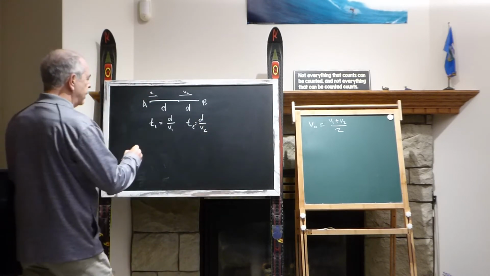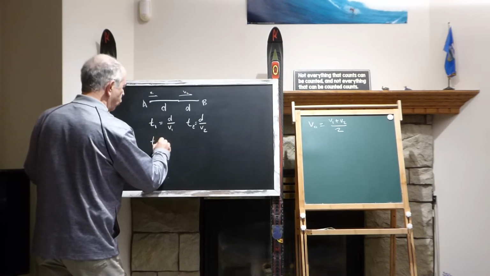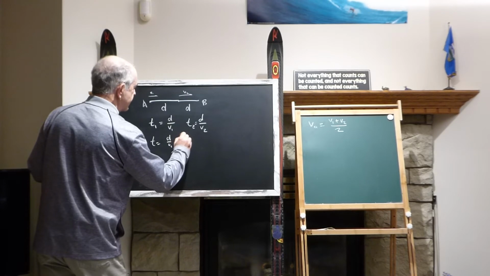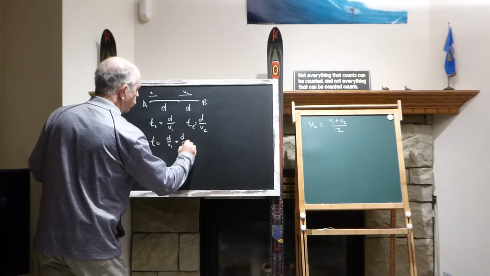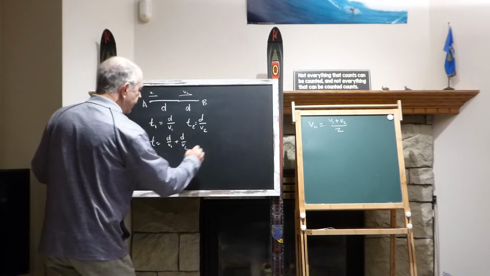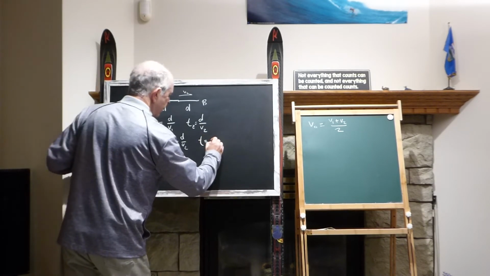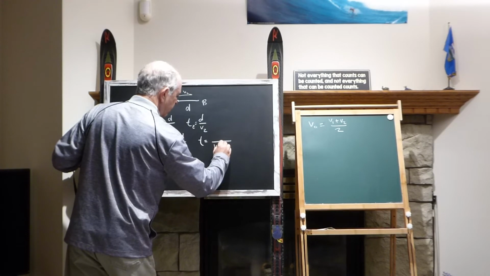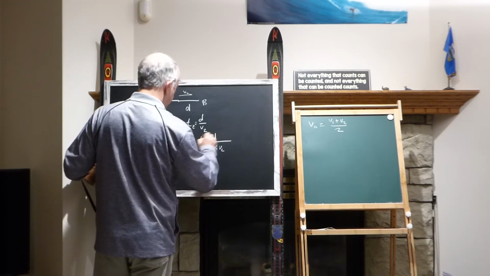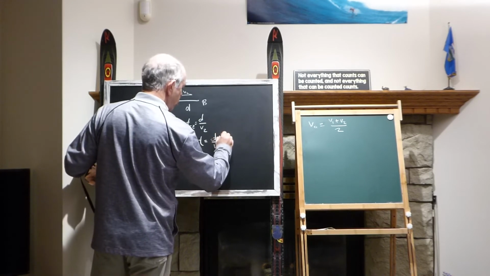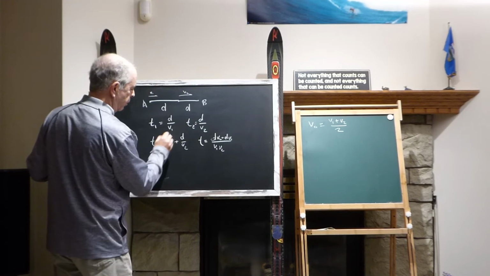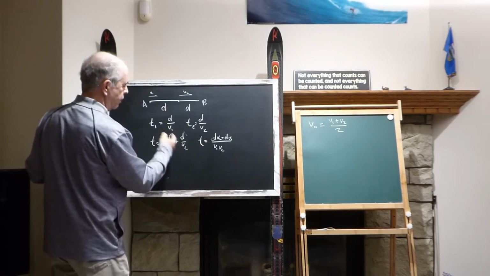So the total time, of course, is d divided over v1 plus d divided over v2. We can take a common denominator, and time becomes v1 v2, and here is d multiplied by v2 plus d multiplied by v1, because here would be v1 and here would be v2.